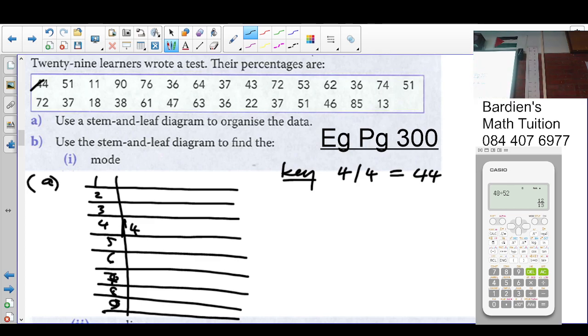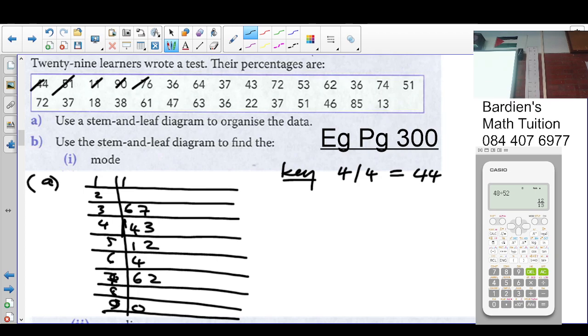Alright. The next one is going to be 51, and then 11, then 90, then 76. Can somebody just read the numbers out? 36, 64, 37, 43, 72, 52.